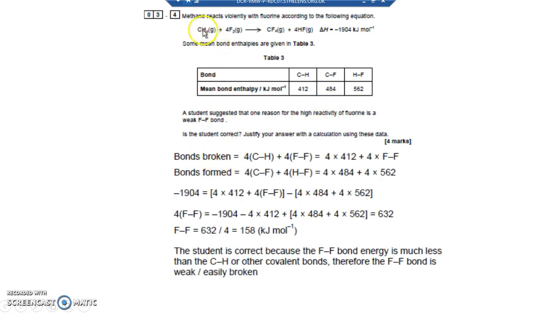So let's have a look. The bonds broken, i.e. the left hand side, the reactants, I've got CH4, I've got 4 lots of CH in CH4, so I've got 4 lots of CH. I've got 4 lots of FF or F2. Okay, so that equals 4 times 412 plus 4 times F2. I've not been given F2, that's what I've got to work out.